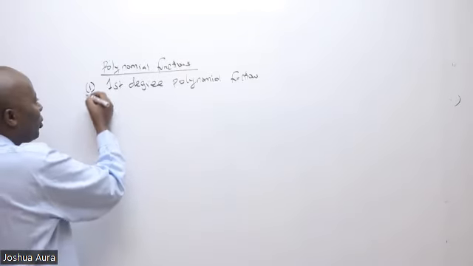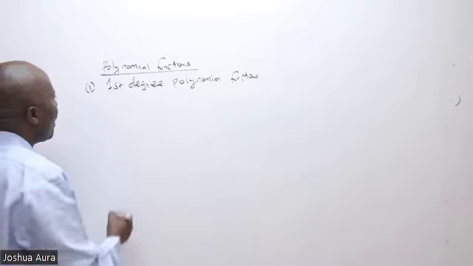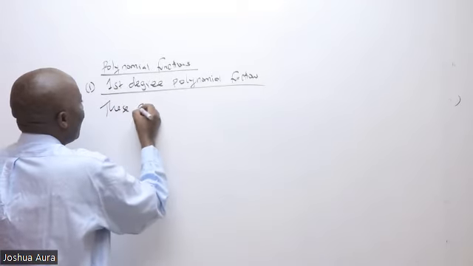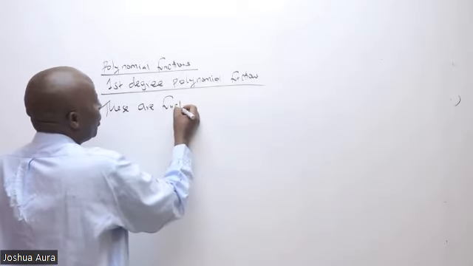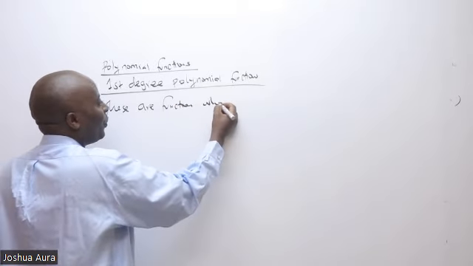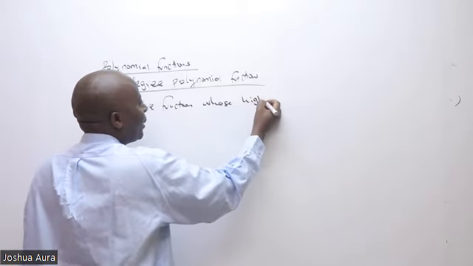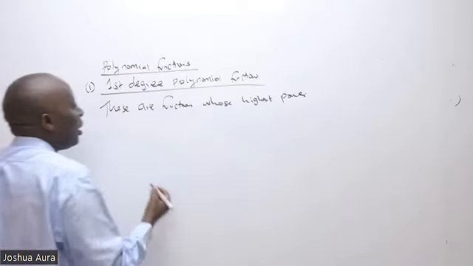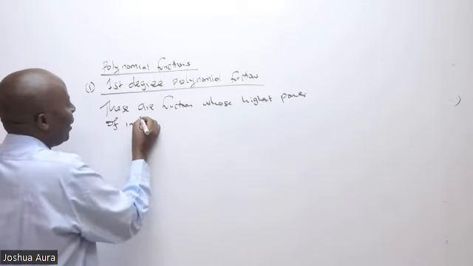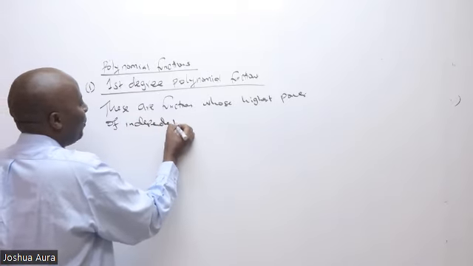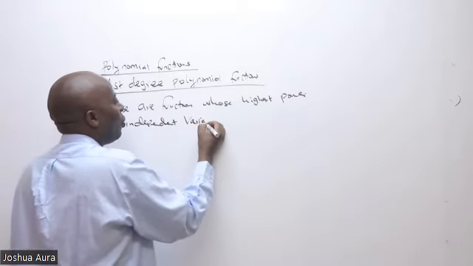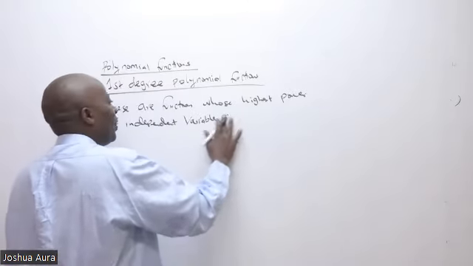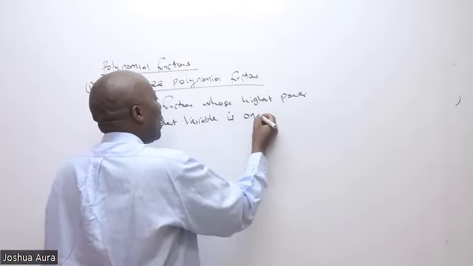So this will be the first one: first degree polynomial functions. These are functions whose highest power of the independent variable is 1.